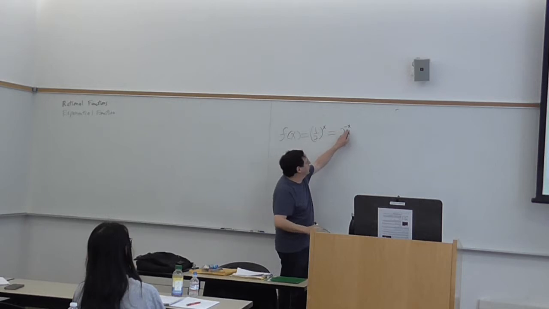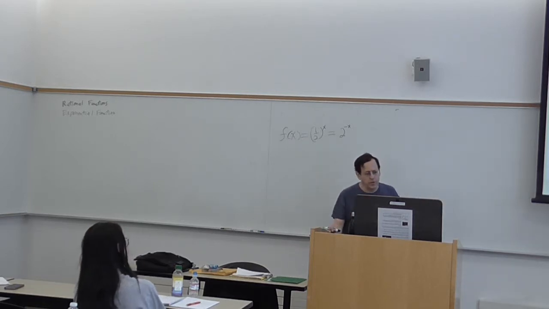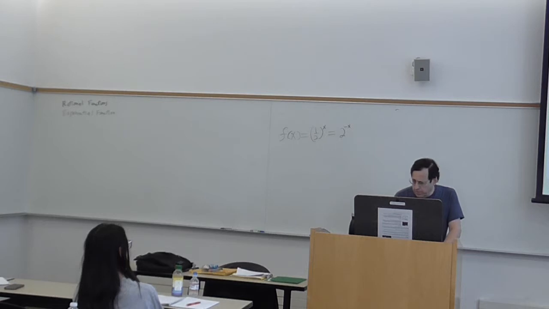which itself is just a transformation, it's a reflection, right? So if you take a look at this function, it's just a reflection around the y-axis of f of x equals 2 to the x. And then, just for completeness, what happens if you multiply the whole thing by minus 1?